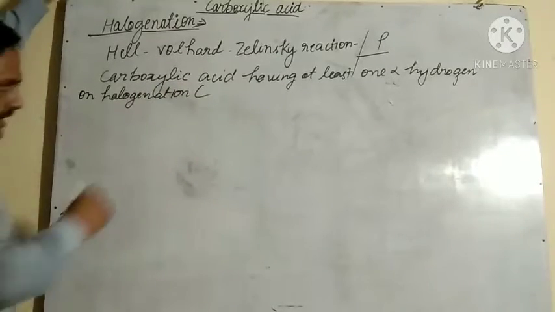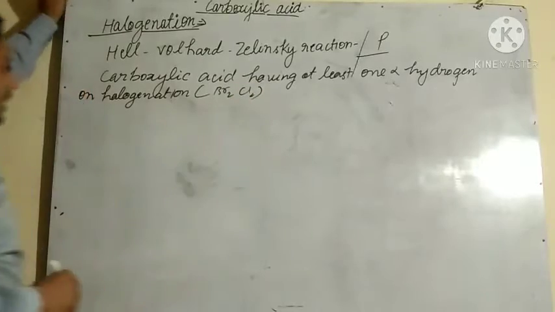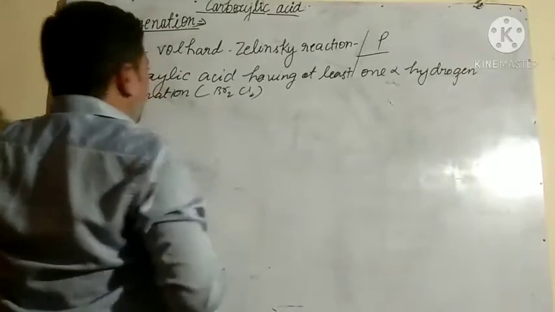On halogenation, what can we use? We can use Br2 and Cl2.